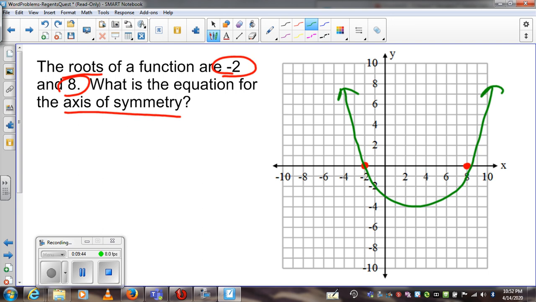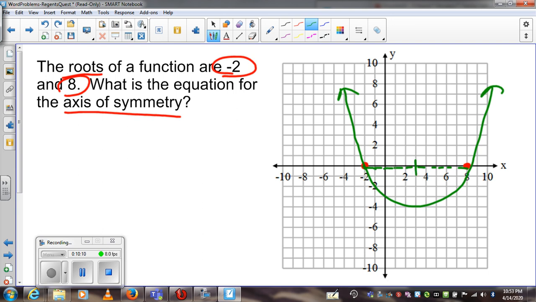Now you'll notice something, that your parabola is symmetric, and your axis of symmetry should be in the middle of these 2 points. So if I count, I have 1, 2, 3, 4, 5, 6, 7, 8, 9, 10 spaces here. What's the middle of those 10 spaces? Well, that would be 5. So 1, 2, 3, 4, 5.